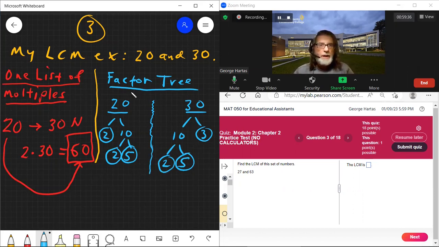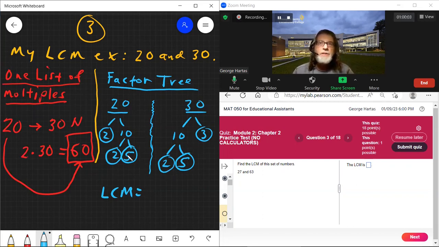Okay, so the way we handle it here is that we write out LCM equals, and then we're going to compare the left side to the right side. We're going to look at individual prime numbers. So let's start with the number 2. We have two 2s on this side. On this side, we only have one 2.